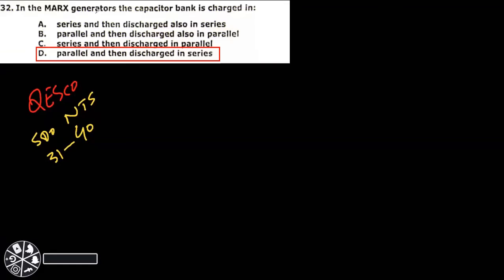Okay, next MCQ is: in a Marx generator, the capacitor bank is charged in series and then discharged also in series, parallel and then discharged also in parallel, series and then discharged in parallel, or parallel and then discharged in series. So actually the diagram of the Marx generator is like this.